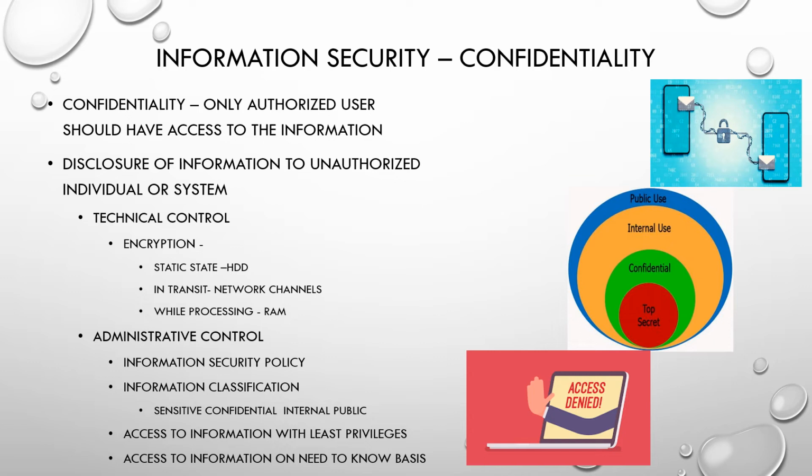Another form of data in an IT gadget is data in transit. That is, data is on network channels. Here, it can be encrypted using certificates, for example, domain-specific certificates and wildcard certificates.